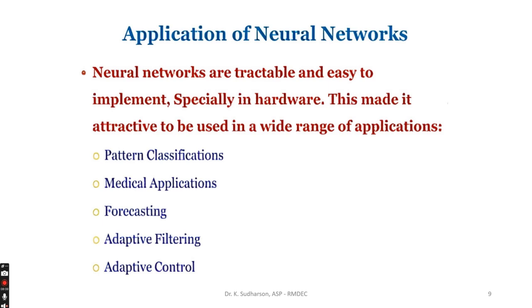Because the neural network is like a human brain, in future, in almost all areas, the machine learning models or deep learning models are going to take decisions on any application.